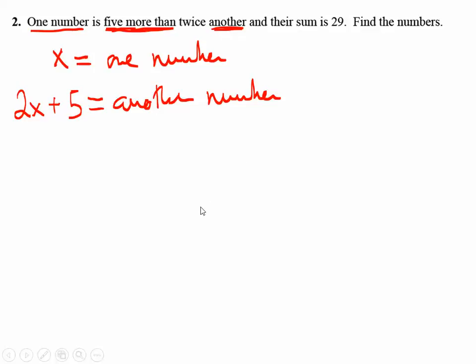So can you write that into an equation? I think so. X comes down. That's the first number. Adding with the second number, grand total is 29 and solve.